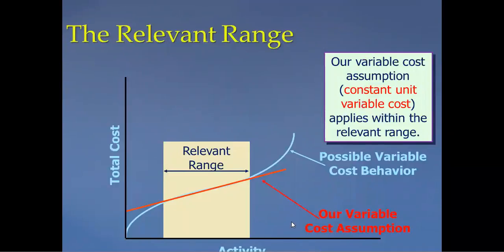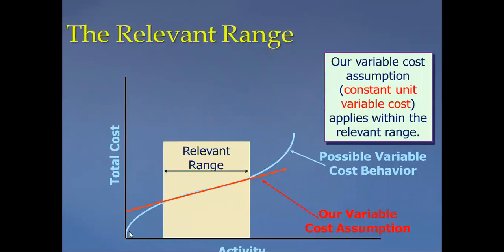Okay, so relevant range. This is just an assumption that we make when doing analyses that we're going to be seeing in a second. Within a certain range, variable costs, as we said earlier, go up proportionate to changes in volume or increases in volume.